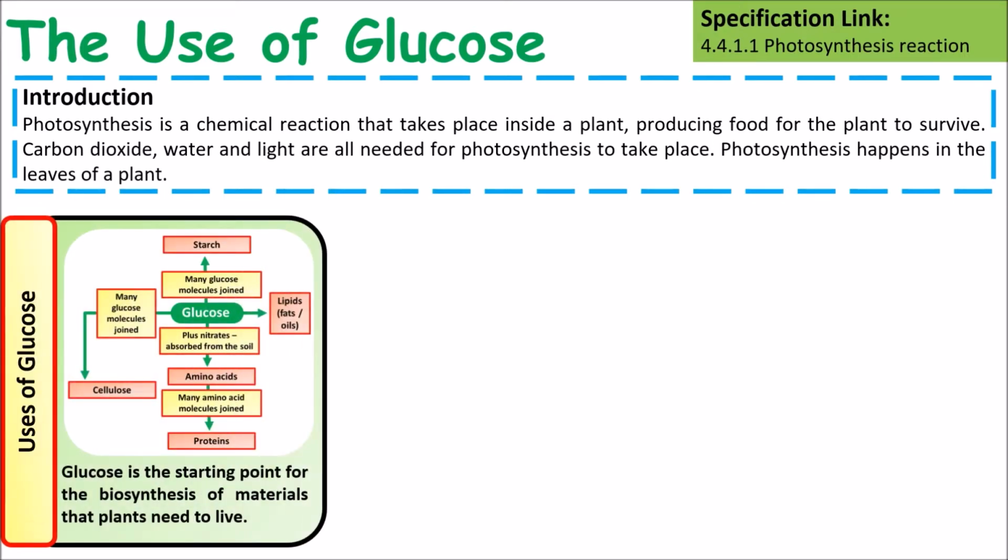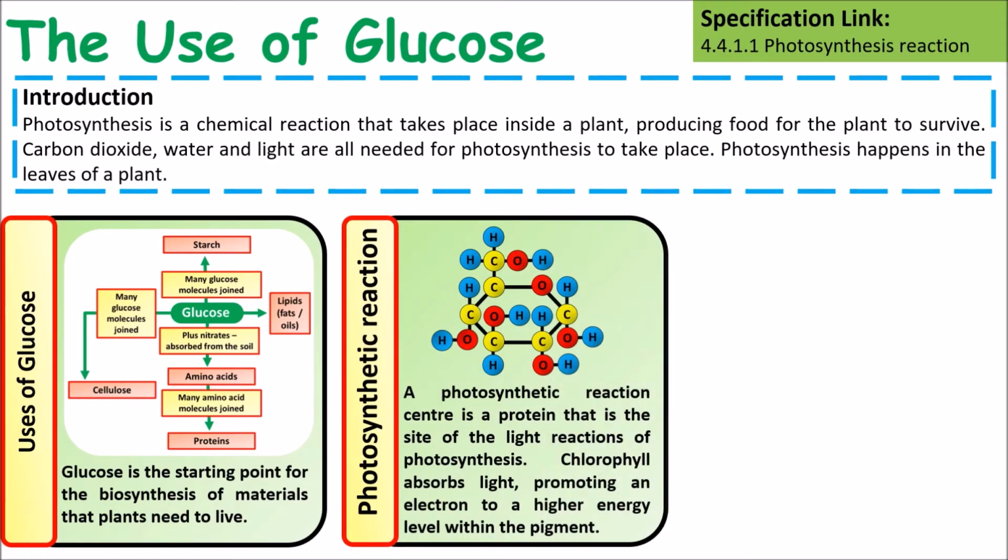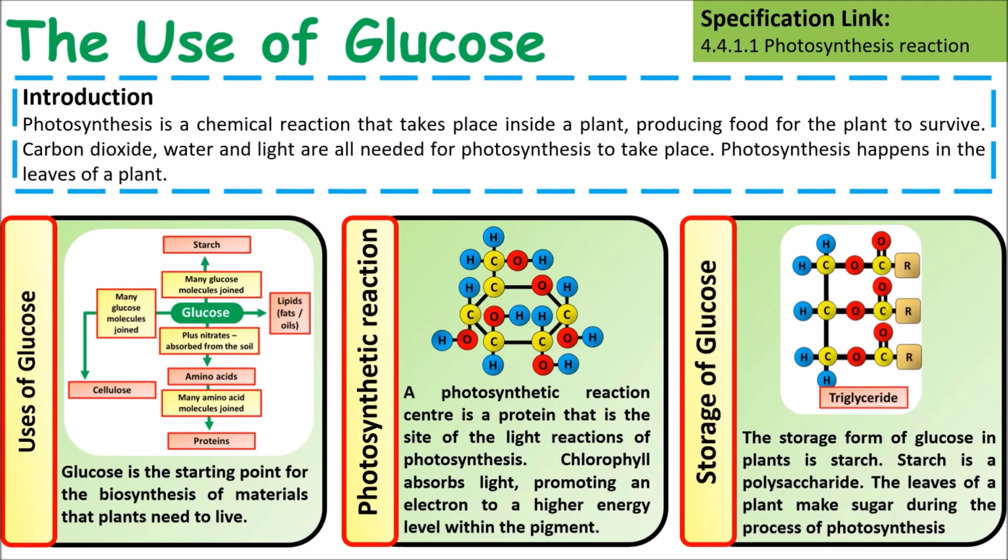So when we think about the uses of glucose, we need to be aware that it is the biosynthesis of materials needed by living organisms, in this case the plant. We'll have a look at what the photosynthetic reaction is, and we'll have a look at how glucose can be stored by the plant.